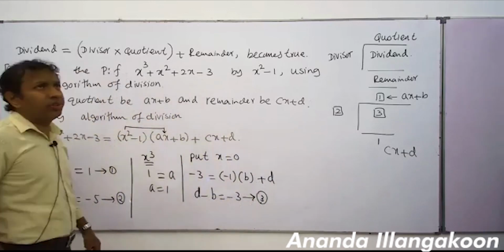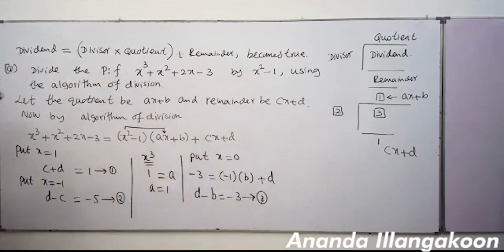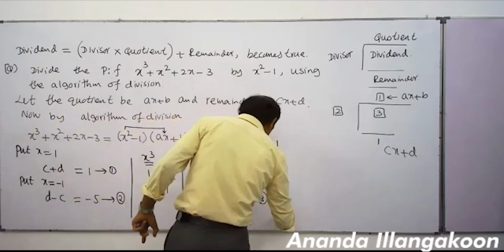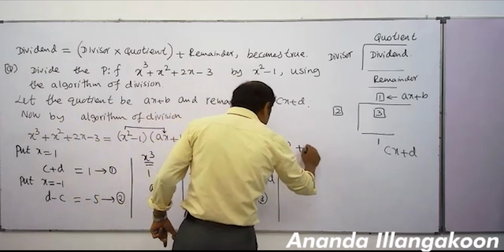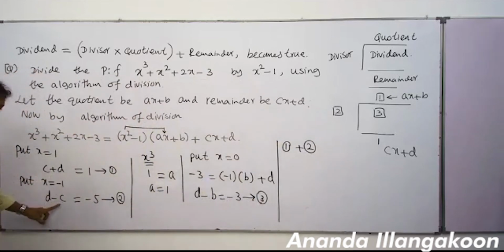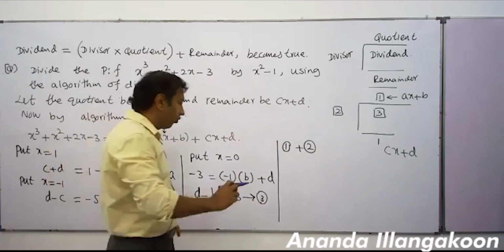Now, by solving this, we can find a, b, c, d. a we know already, right? When you add these two, what do you get? 1 plus 2, what do you get? Plus c minus c will cancel off. 2d. Here, minus 4. 2d equals minus 4.